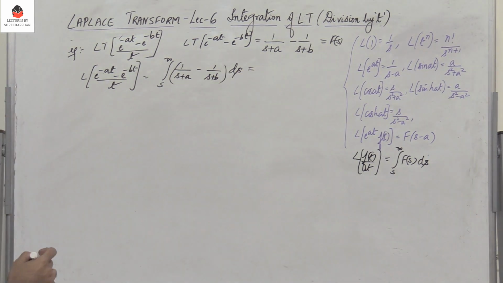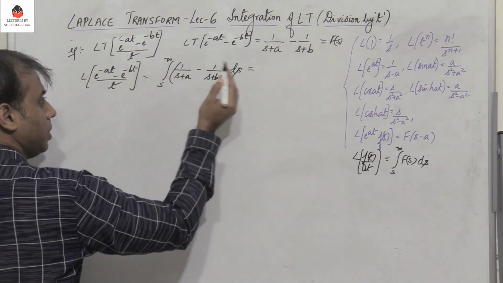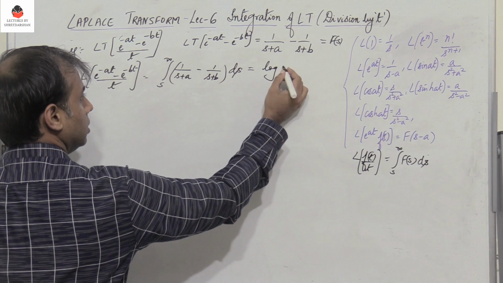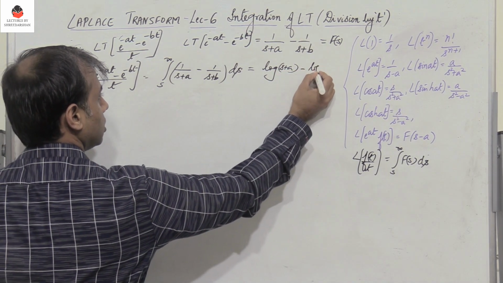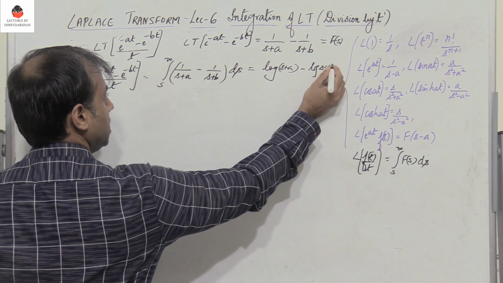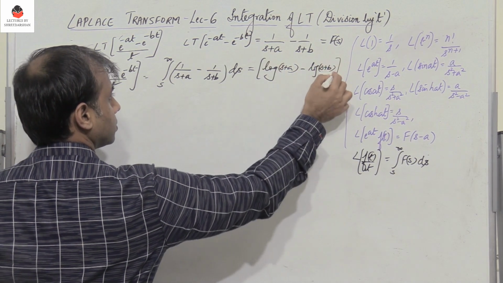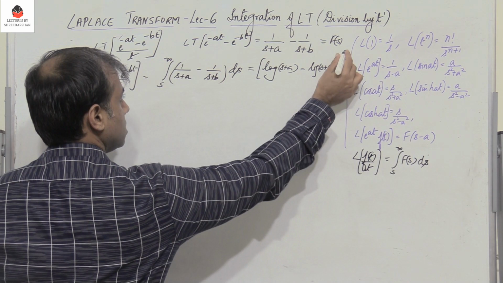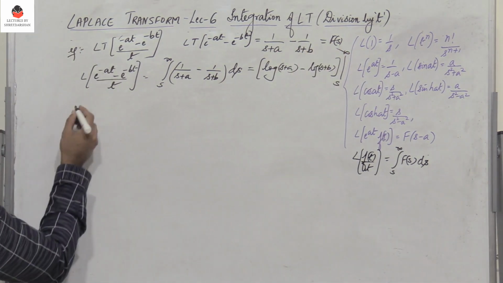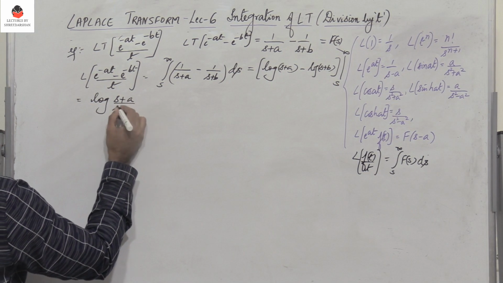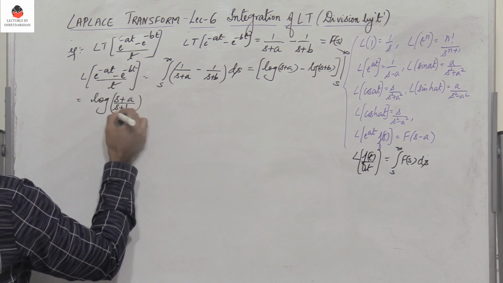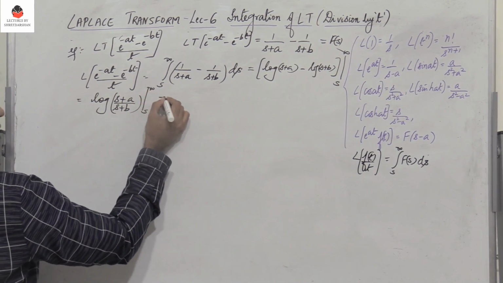So you know that integral of 1 by s plus a is log s plus a minus log s plus b within the limits s to infinity. So this is log of s plus a divided by s plus b with the limits s to infinity.